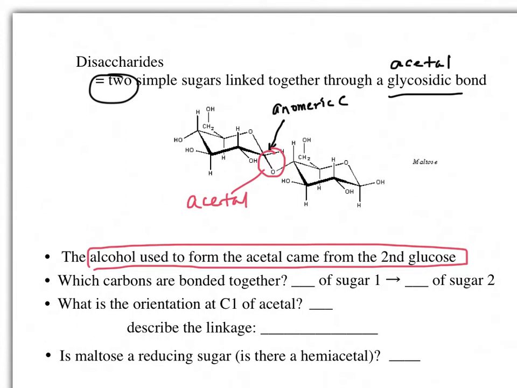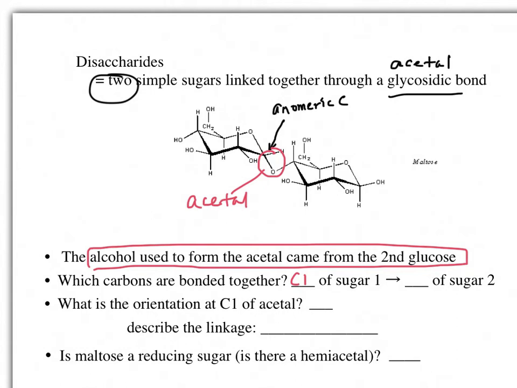That anomeric carbon is carbon number 1. Does everyone see that? That's when you form the cyclic sugar. It's what was the aldehyde. So the carbons that are bonded together start with carbon 1 of the first sugar, the anomeric carbon.